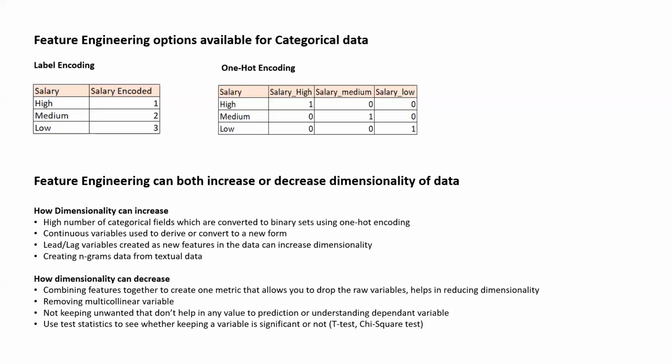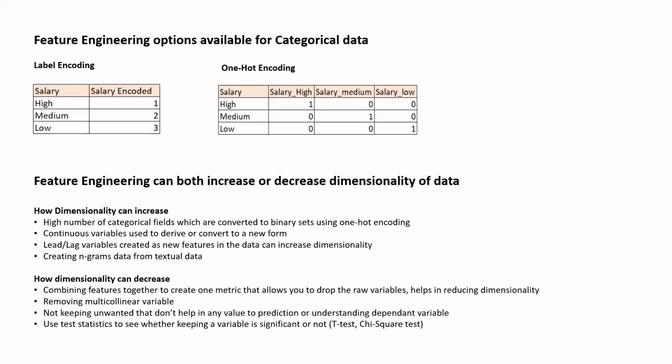Now, if you are not able to eliminate any of those, you can combine them together to make a particular field. To give an example, there is a column that talks about spend and a column that talks about time consumed.